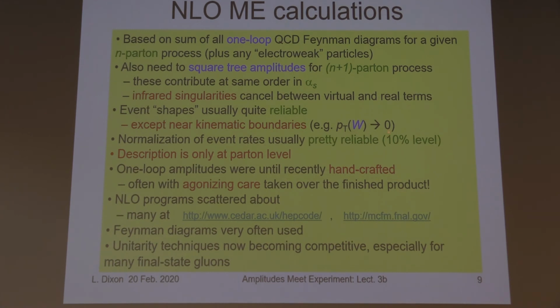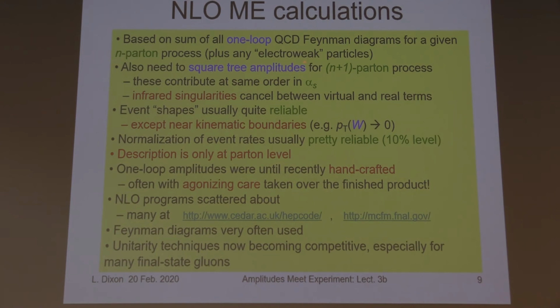As I was mentioning earlier, if you take a color singlet object like a W or a Z or a Higgs, and you ask what happens when its momentum goes to 0, that is some question you cannot answer strictly within fixed order, and you need to do resummations.